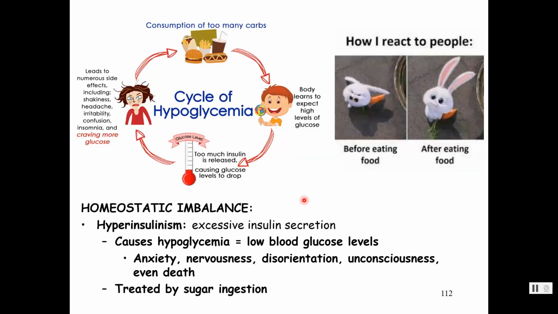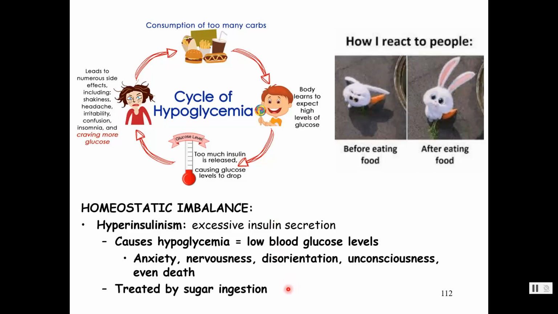So other homeostatic imbalances. You can have too much insulin as well, so excessive insulin, that's hyperinsulinism. It causes hypoglycemia. So insulin lowers blood glucose levels, so if you have too much insulin, you can have low glucose in the blood. And so when that occurs, anxiety, nervousness, disorientation, unconsciousness, even death, or just angry.